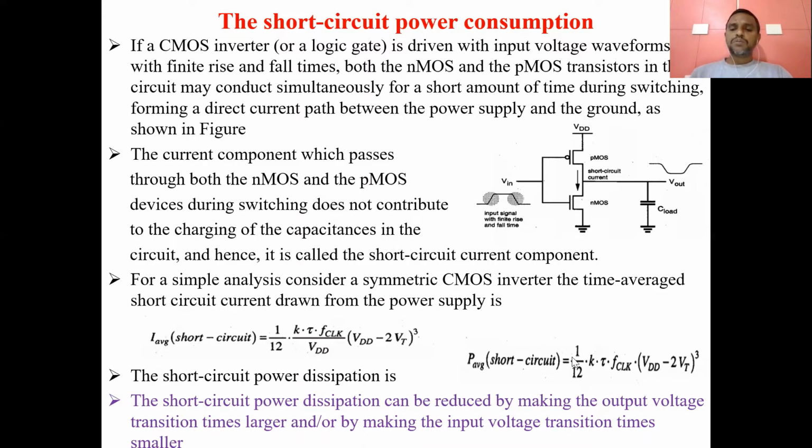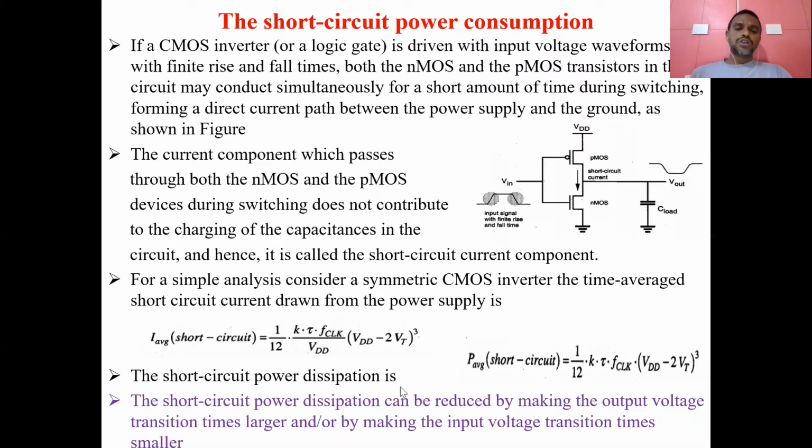The average short circuit power consumption is equal to 1 by 12 K tau F clock VDD (VDD minus 2 VT) whole cube. Here we consider Kn and Kp to be equal, and tau p and tau n also equal, so we get these equations for the average short circuit current and power consumption.